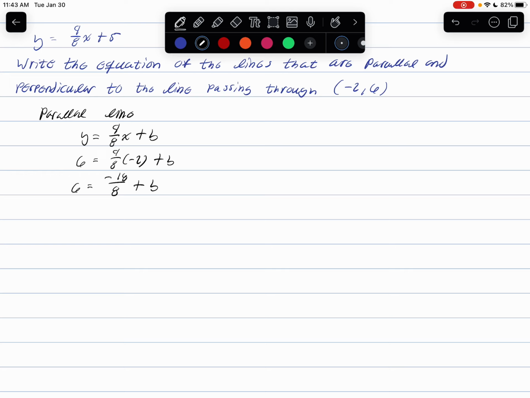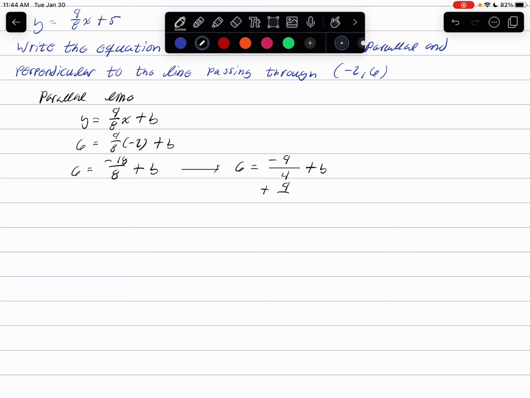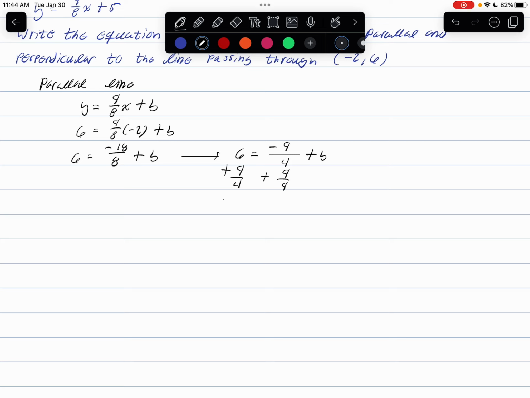We can factor out a 2 there, so that's going to give us 6 is equal to negative 9 over 4 plus b. Now let's go ahead and add 9 over 4 to both sides. So we'll have b is equal to 6 plus 9 over 4.